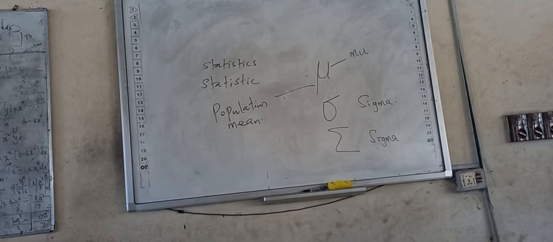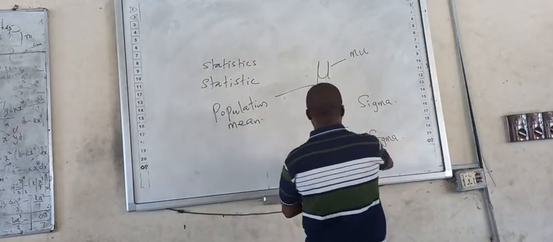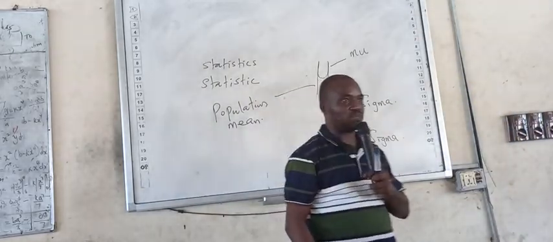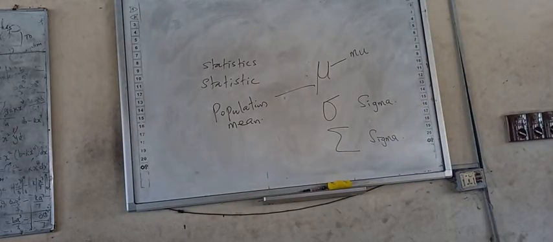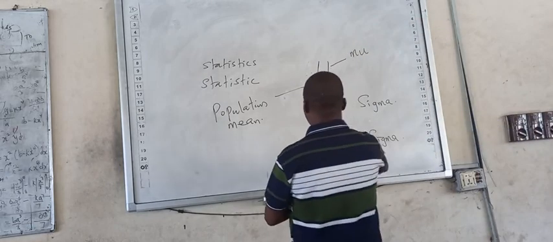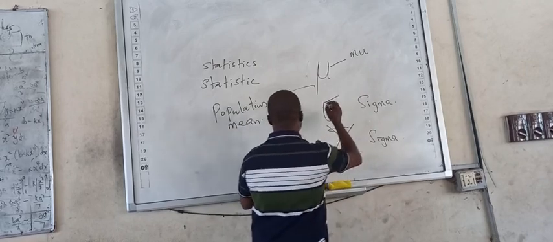The one down is capital sigma. The one up is small sigma. Do you get it? So that I'll be telling you the source is the Greek alphabet, the two of them, and what we use them for. As far as statistics is concerned, cancel this one for now. I'm not interested in this.